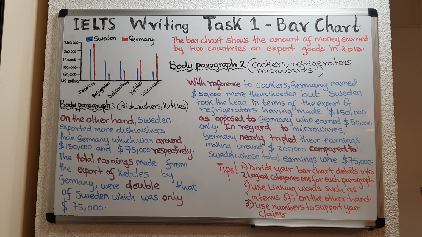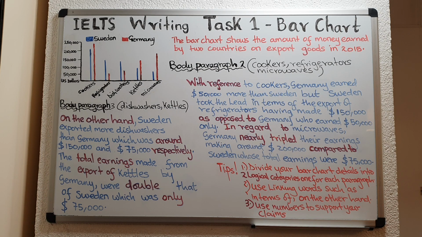So to divide our details, we have to base them on the goods that were exported. In my case, I have decided to group them into the first category is going to be cookers, refrigerators, and microwaves. And in the second category, I'm going to have dishwashers and kettles.